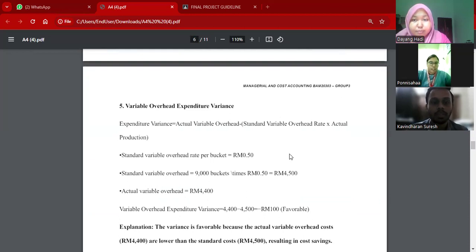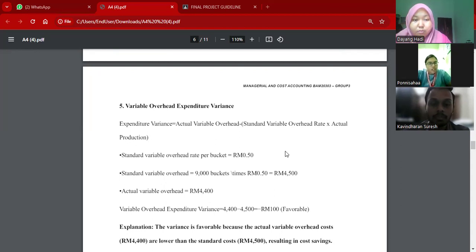The next one is the variable overhead expenditure variance. For the formula, we need the actual variable overhead minus the standard variable overhead rate multiplied by actual production. In this question, the standard variable overhead rate per bucket is 50 cents. For 9,000 buckets multiplied by 50 cents, we get 4,500.